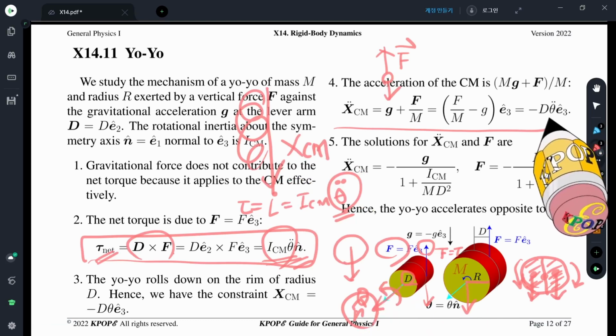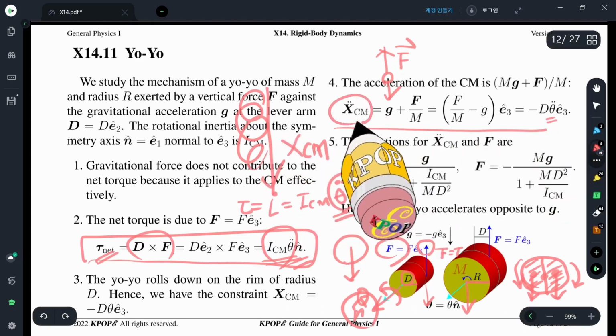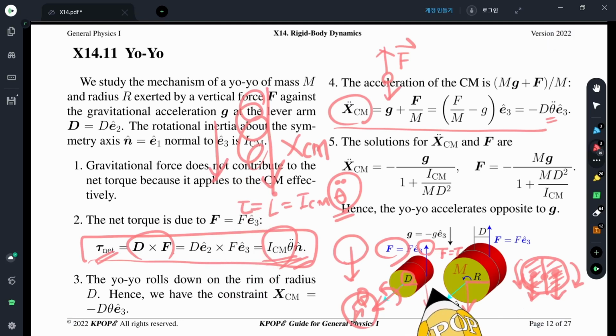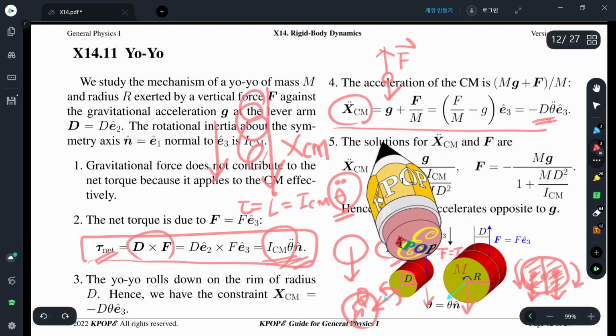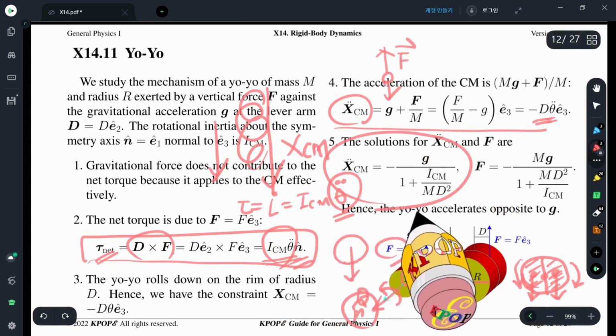So theta double dot has the center of mass acceleration downward along the gravitational direction. And because this string is attached to the surface, the radius is not r, but d. And we have two linear equations to find the acceleration is like that.